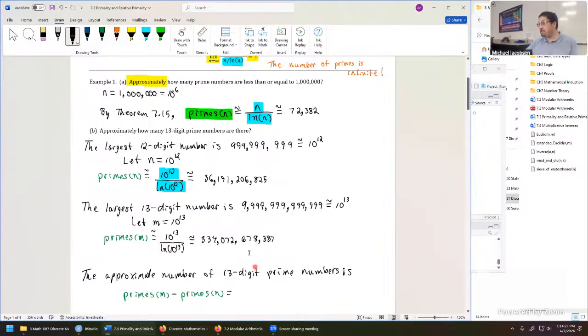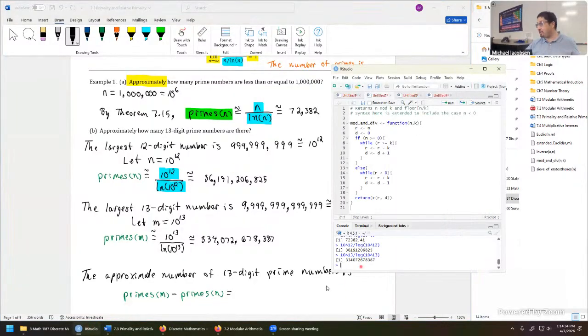So we're just forming the difference of this large number minus this number right here. It's faster to just do this in the calculator in this kind of format. So for primes n, we're going to take the same structure here, 10 power 13, divide by natural log 10 power 13. Subtract from that this one, 10 power 12, divide by log.